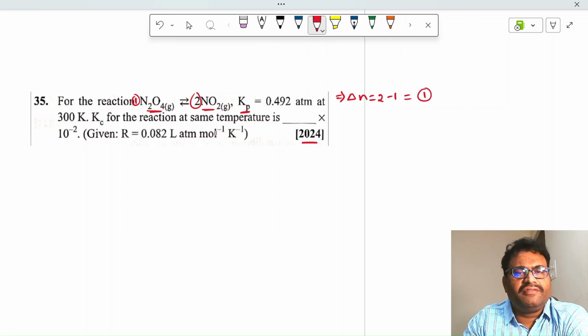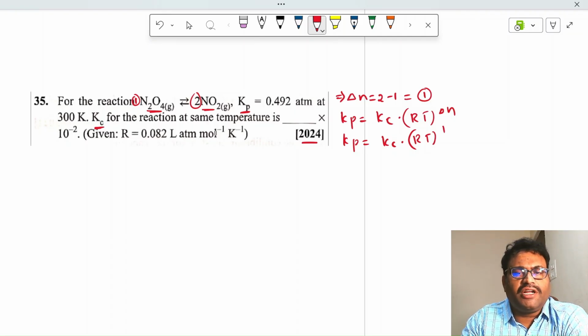Kp is given, Kc is asked. We know that Kp is equal to Kc into RT power delta N. So Kp is equal to Kc into RT power 1. We need to calculate Kc.